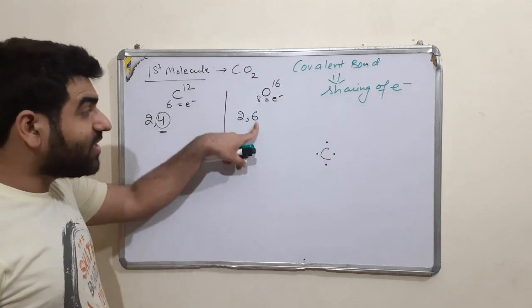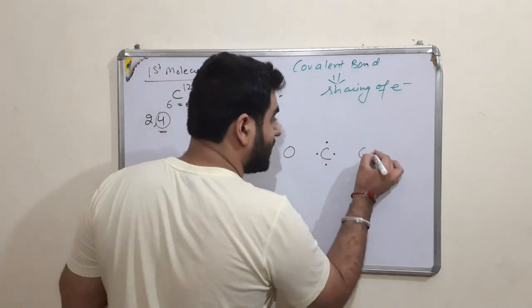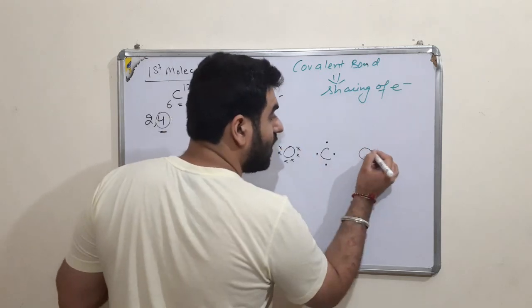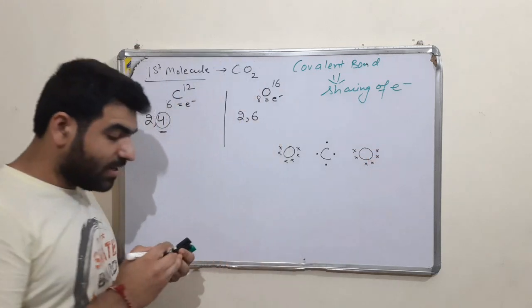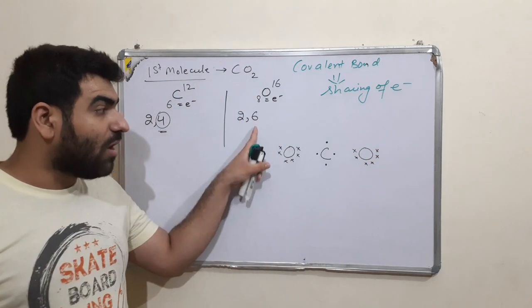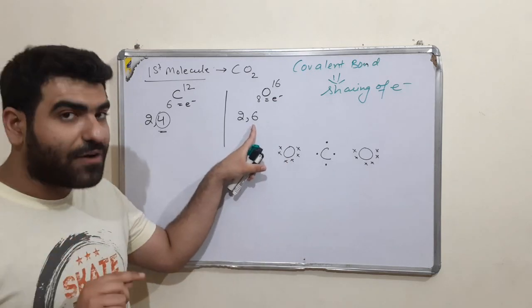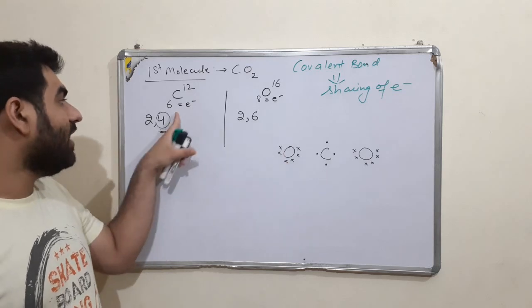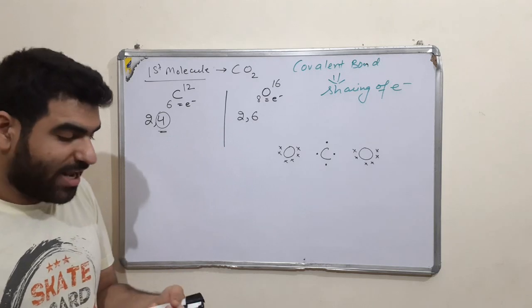Oxygen has 6 electrons, so let oxygen be here: 1, 2, 3, 4, 5, 6, and likewise on the other side. Now each oxygen requires 2 electrons from carbon, and the single carbon requires 4 electrons from both of the oxygen atoms.